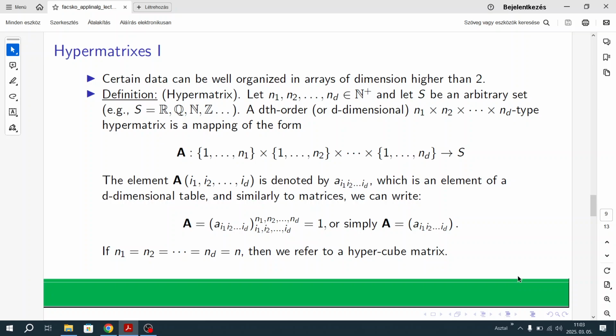You have elements in each row, and they are elements of the set S. That could be any number.